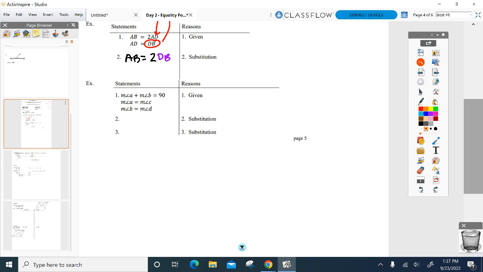90 equals angle C plus angle C. Let's go. But no, angle C plus angle D equals 90. Yeah, I can do that. Oh wait, so then C and D. Okay. Angle C and angle D. Yeah. John, what'd you get?